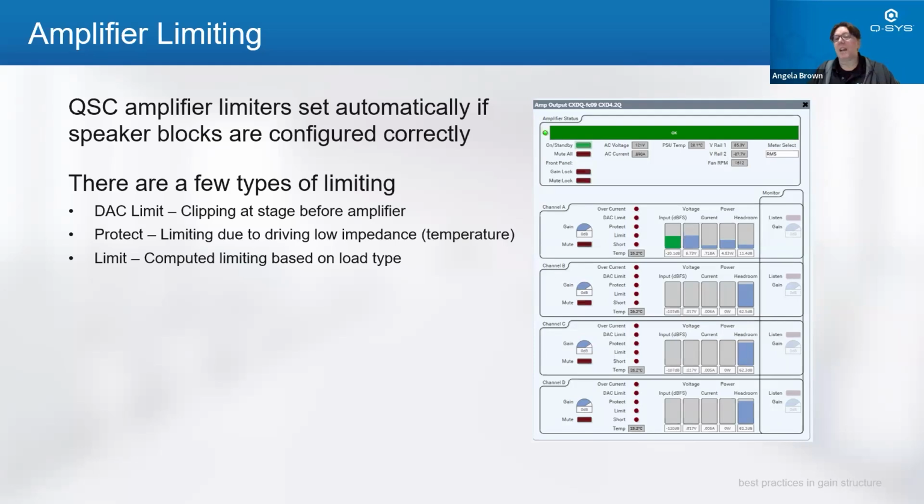We have going into protect due to an impedance issue or some sort of a physical issue in the field. And then we have limiting, which is based on the load type. We kind of take care of it for you. It's one of the nice things about building a system and using our amplifiers, using our cores, using the whole ecosystem: we handle and take care of all that for you.